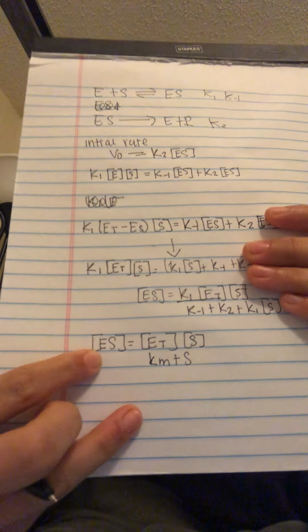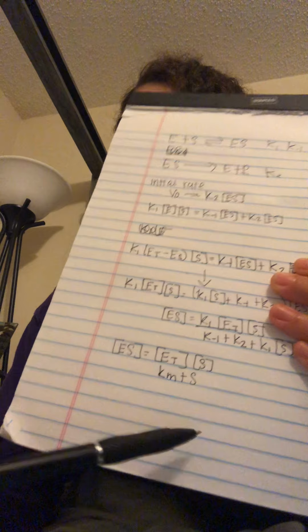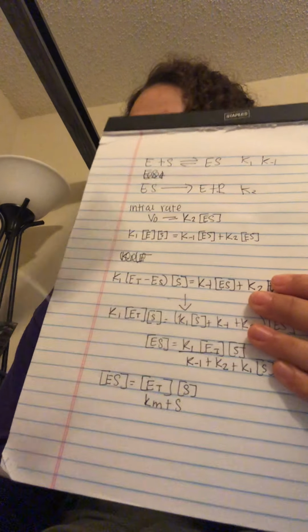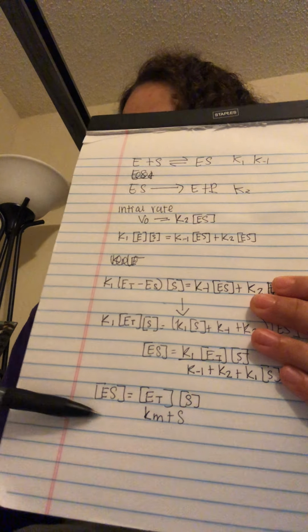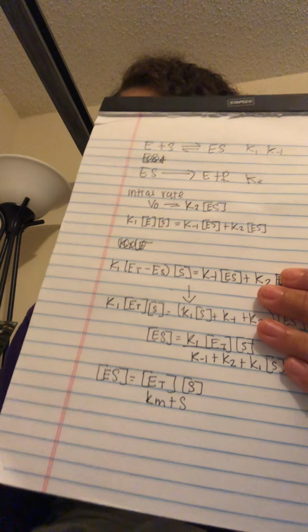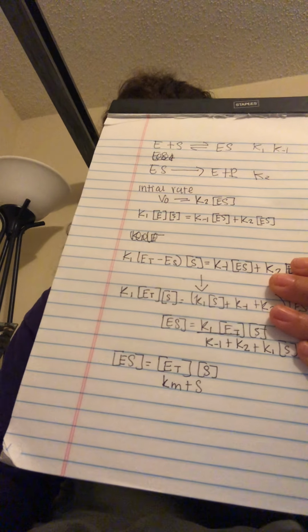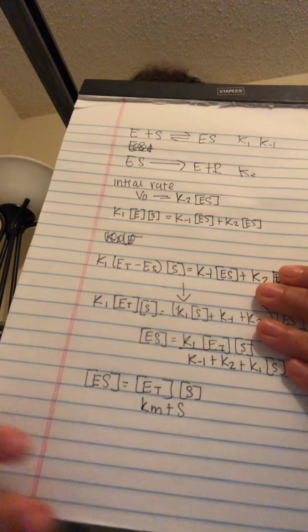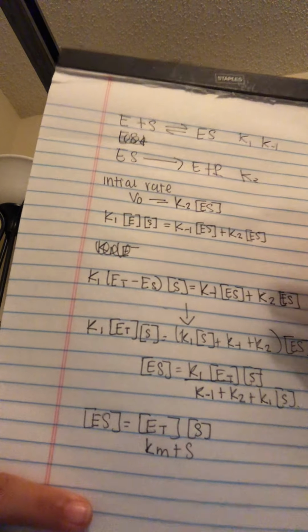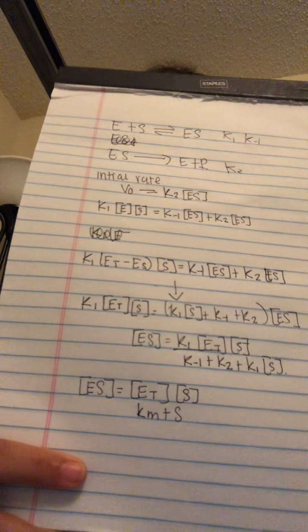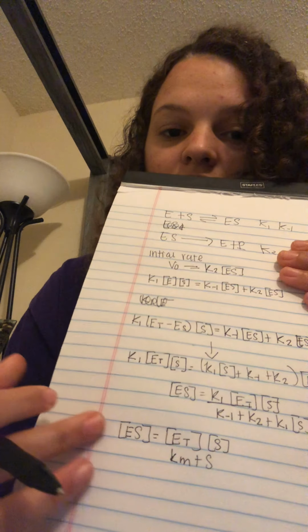And it's important to note that Km equals K-1 plus K2 divided by K1. Substituting the value of the concentration of the enzyme substrate complex into equation 1 should give us the concentration of the enzyme.